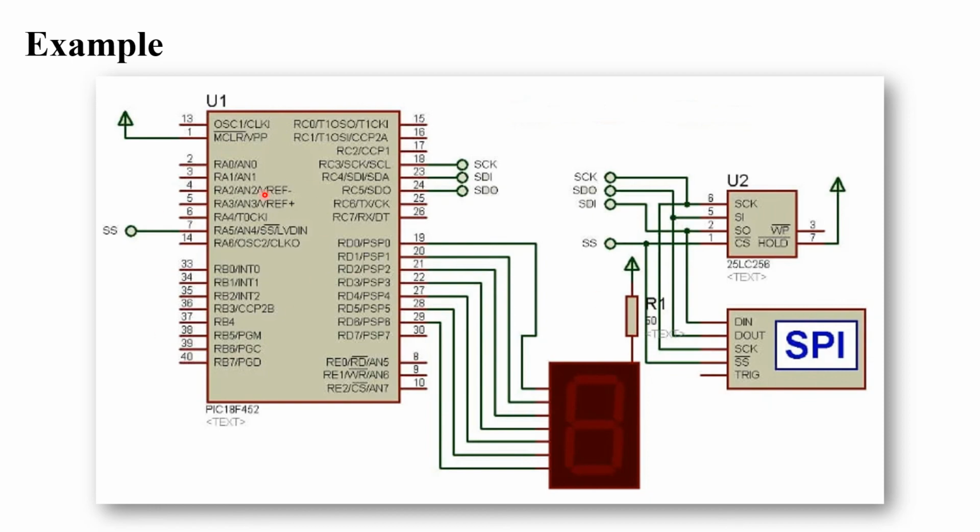So here there is one master, the microcontroller, and multiple slave devices: the LCD is one slave device, and the EEPROM is another slave device. One master and multiple slaves communicate by using the SPI protocol. In this way this interfacing will work.